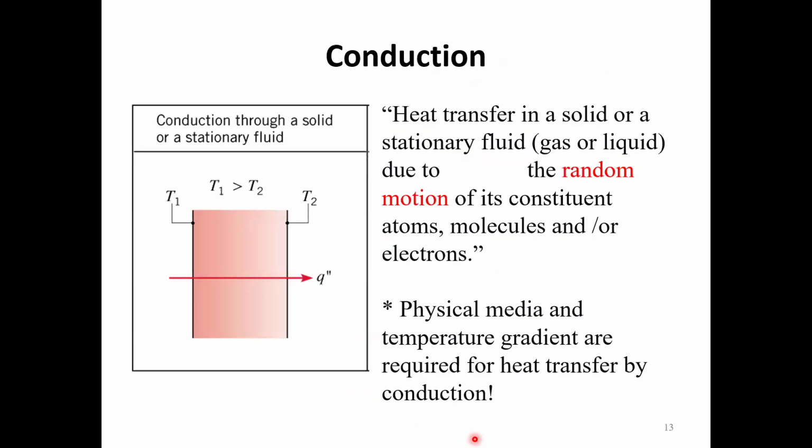So what are the three modes by which heat transfer happens? You should have learned these in your high school courses as well. The three modes are conduction, convection, and radiation. As we have seen previously, heat transfer happens because thermal energy at one point is higher than at another point, which is represented by temperature.